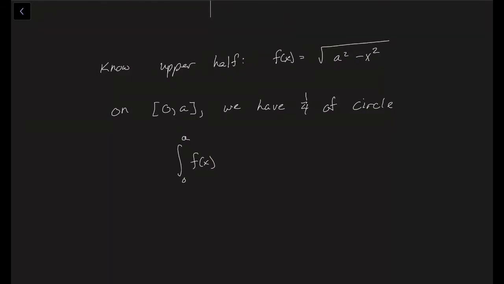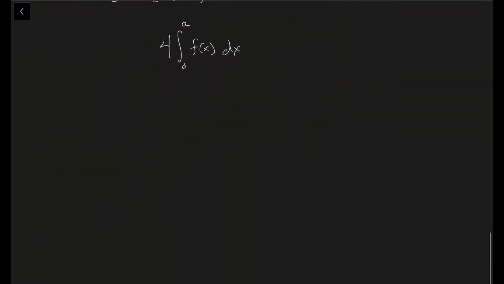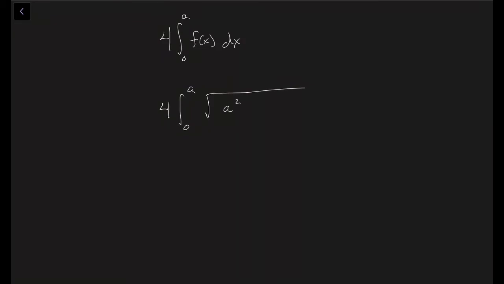That gives us 1/4 of the circle, and we multiply it by 4. So we have 4 times the integral from 0 to a of the square root of a squared minus x squared dx.